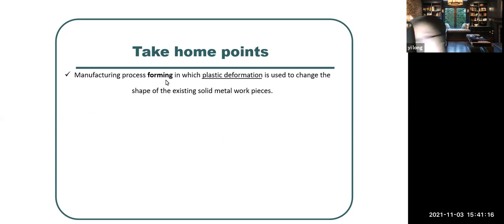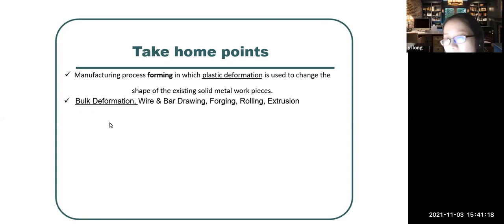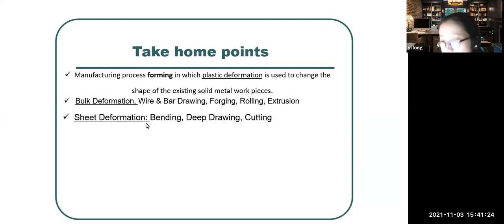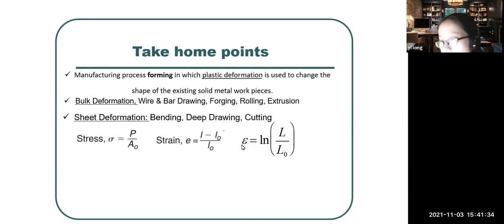It looks similar, right? And we have bulk deformation. We only spent time talking about forging and rolling and the sheet, and also we didn't explain it. We also spent a lot of time explaining engineering strain and stress, but actually in metal we more often use true strain and true stress.